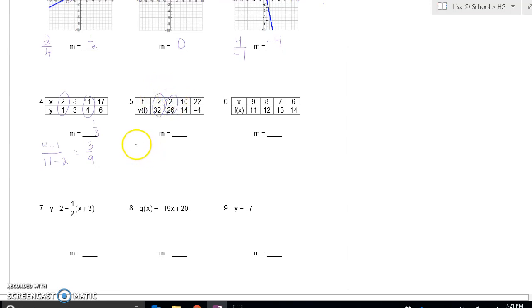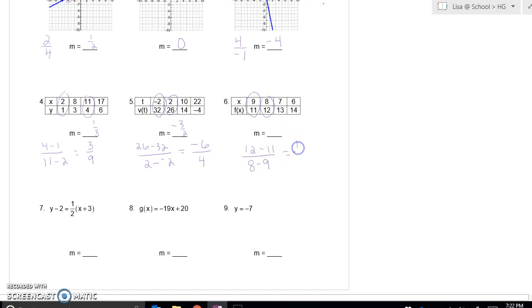The change in y, 26 minus 32, over the change in x, 2 minus -2, so that's -6 over 4, which reduces to -3/2.